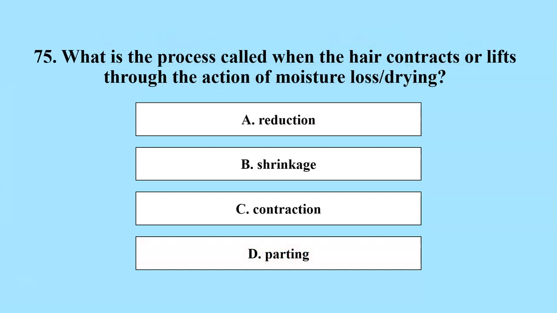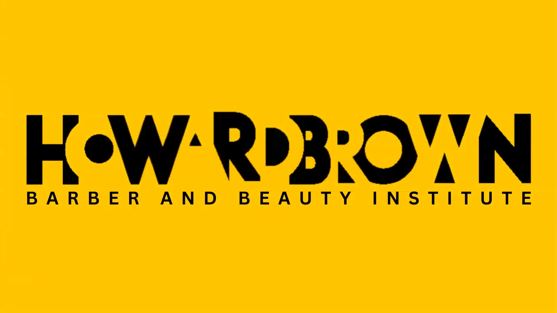What is the process called when the hair contracts or lifts through the action of moisture loss drying? Is it reduction, shrinkage, contraction, parting? If you chose B, shrinkage, you are correct.